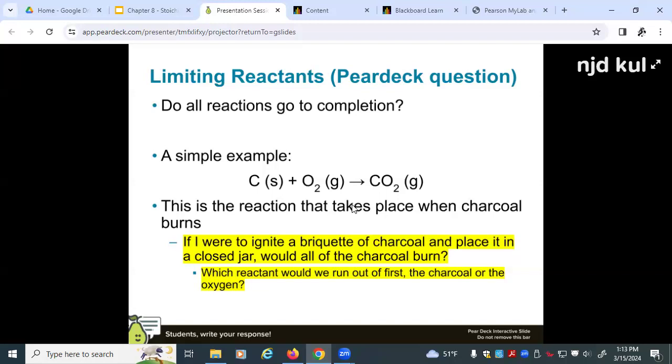That's what I want you to put into Pear Deck right now. I think we all know the answer of what will happen. The flame is going to go out at some point. My question to you is why? What's going to run out first? Am I going to run out of charcoal, or am I going to run out of oxygen inside of that jar?